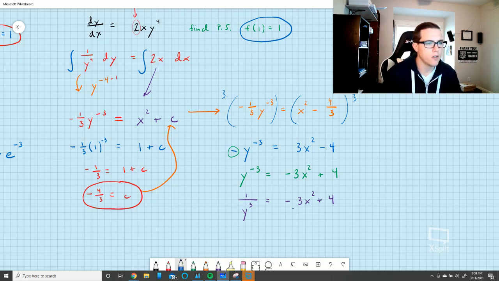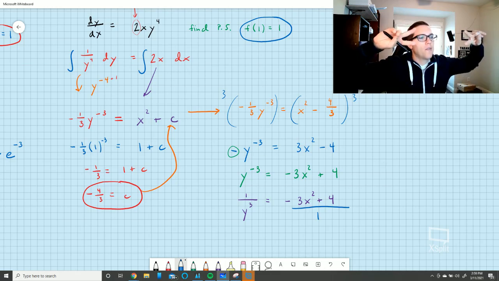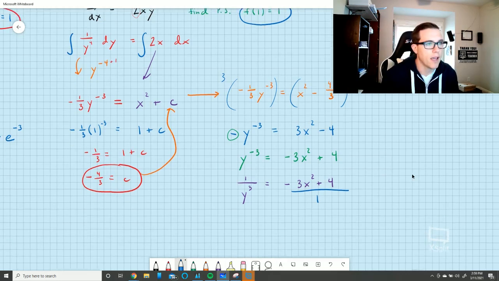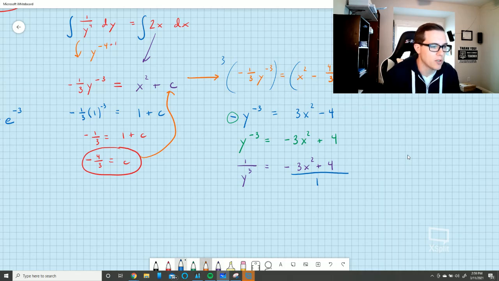I'm going to put this over 1. Why? Because you're allowed in math, if you have 2 fractions that are equal, you can flip both fractions. That's going to allow us to get y out of the denominator. It's almost like cross multiplying and then dividing. It's a shortcut. So you end up with y cubed equals 1 over negative 3x squared plus 4. And then the last step is to cube root both sides.